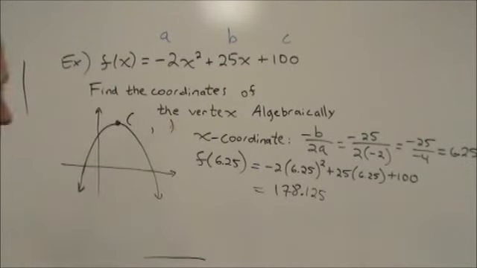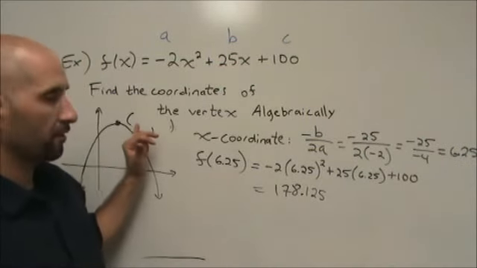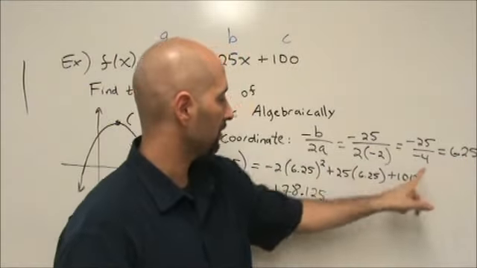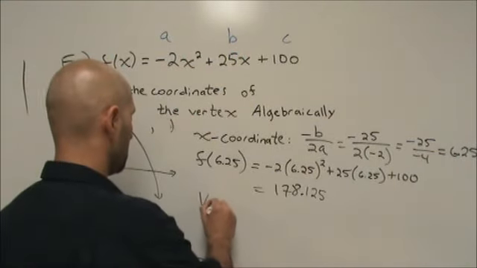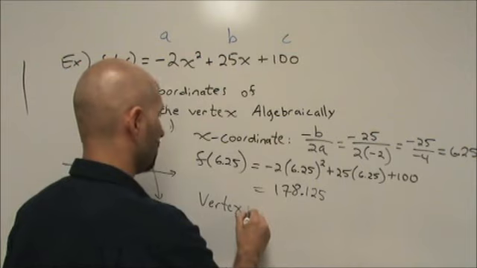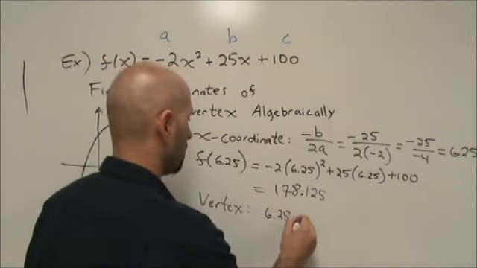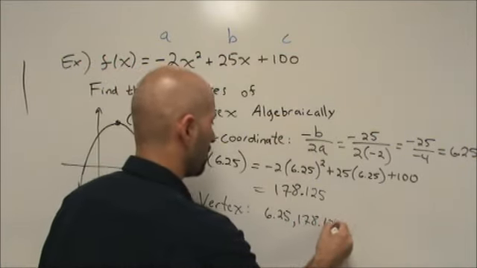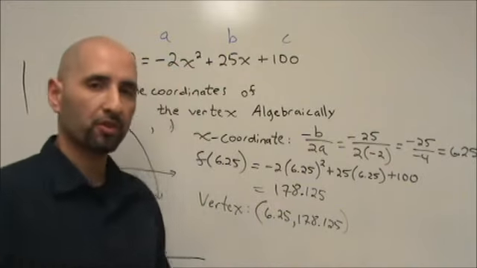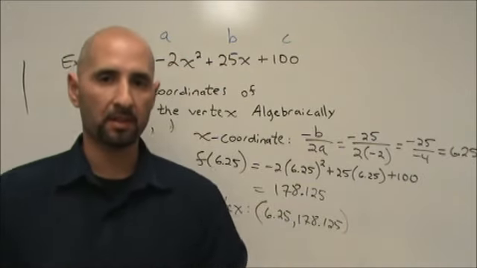So the goal here is to understand that the coordinates of our vertex is this comma this. I'll show you how to let your calculator do the work here in another example.